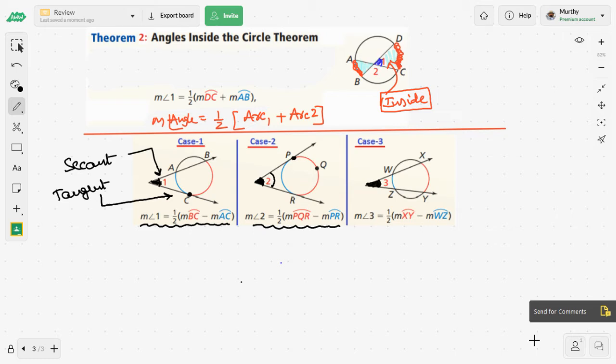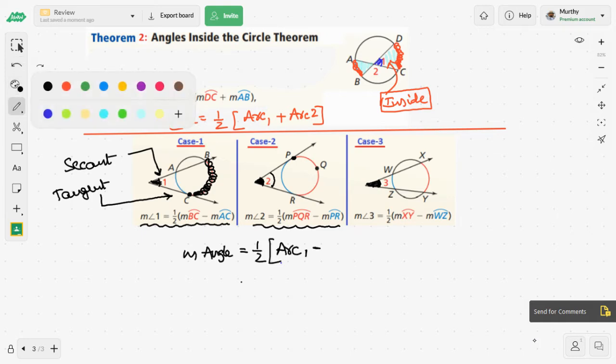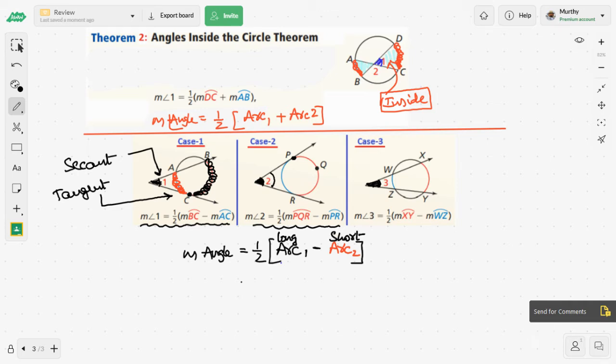Therefore, the measure of the angle equals half of the long arc, arc 1, subtract the inner arc or the smaller arc. That makes sense, right? So long arc and short arc. This is the second theorem.